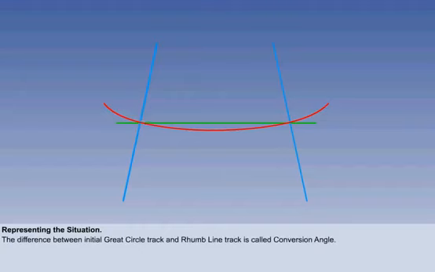And that the great circle, which actually looks like a straight line on this model, is the one which actually changes track angle. The great circle track angle here is not the same track angle here.